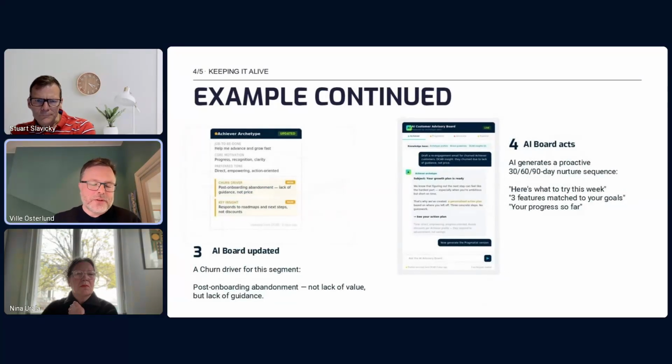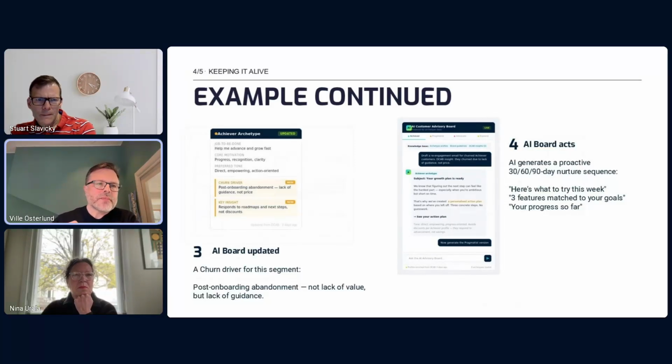Then what you can do with this combo of these 2 layers is that the AI board gets updated automatically with that new segment information. Hey, the post-onboarding churn is not due to lack of value for this segment, but it's lack of guidance, right?